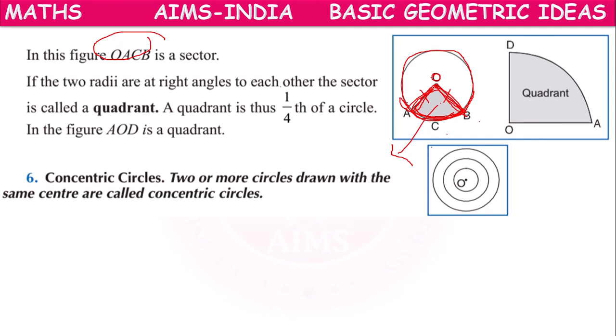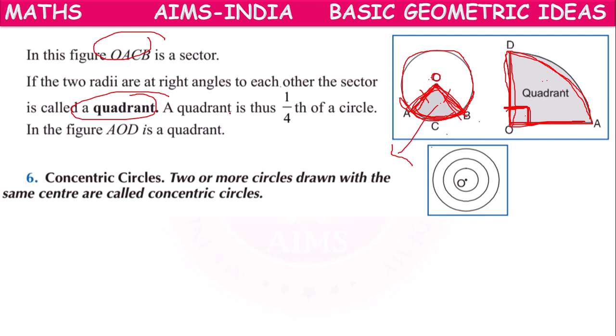If the two radii OA and OB, or OA and OD, are at right angles to each other, then the area enclosed by this sector is called a quadrant. So a quadrant is also a sector, but in a quadrant, the radii are at right angles to each other.